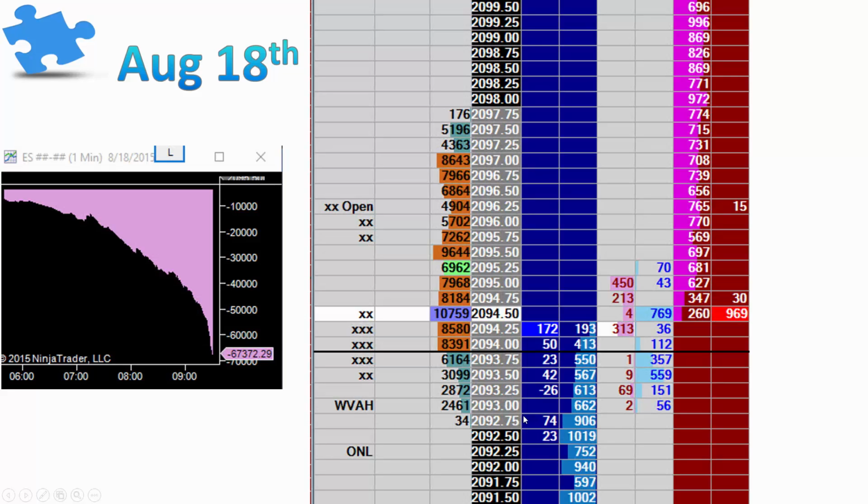Now, not all of these trades will work out. A lot of the skill in taking this trade is in managing the trades that just don't have the legs, the trades that you get into and they move three or four ticks and then they fail. So you need to be nimble, and it's much more important to understand how to handle the trades that come back at you than how to handle the trades that go your way.